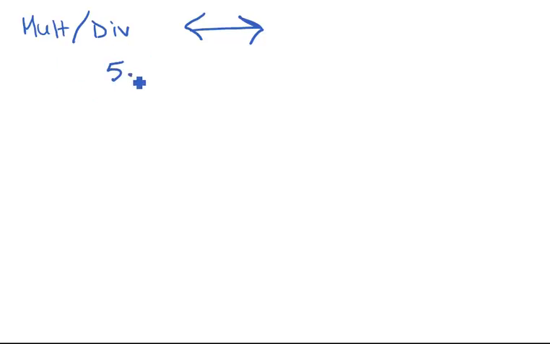So let's say we have the equation 5 times (1 plus 3 plus 2) plus 3 squared divided by 5 times 2.